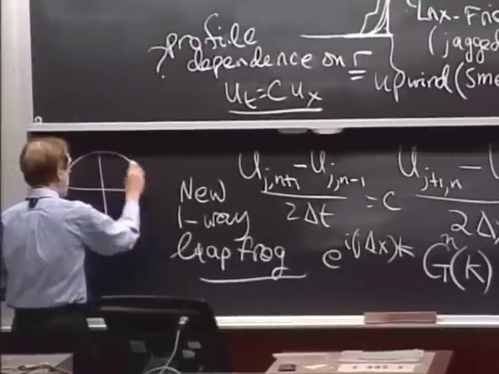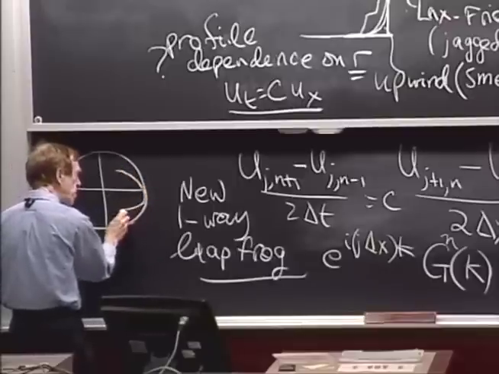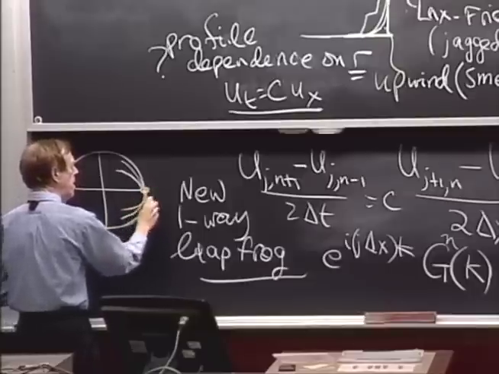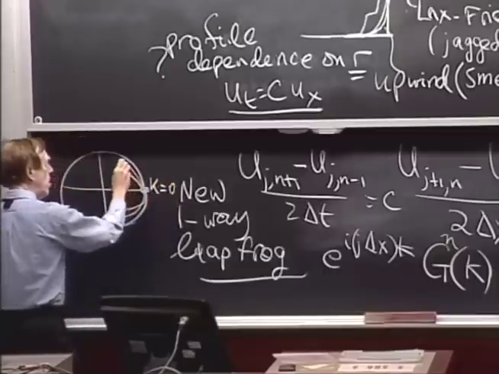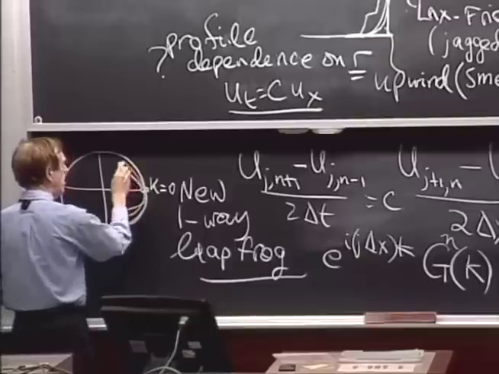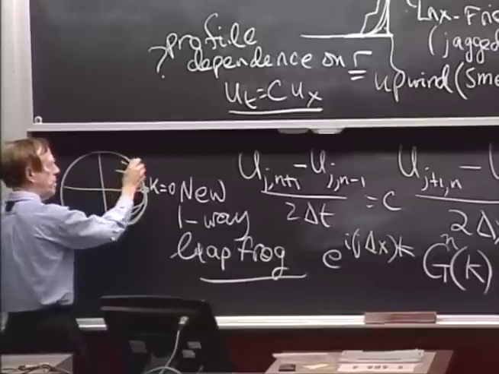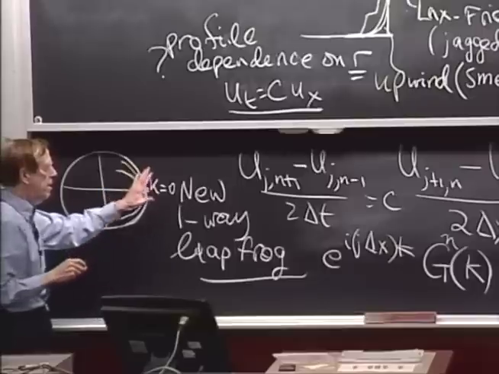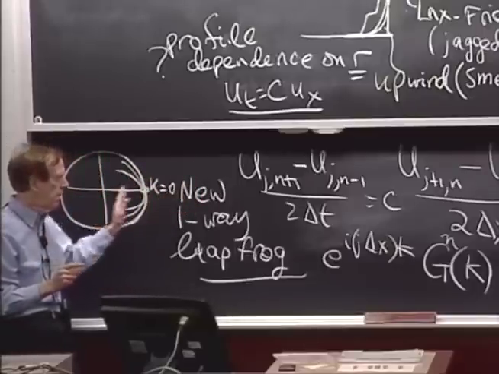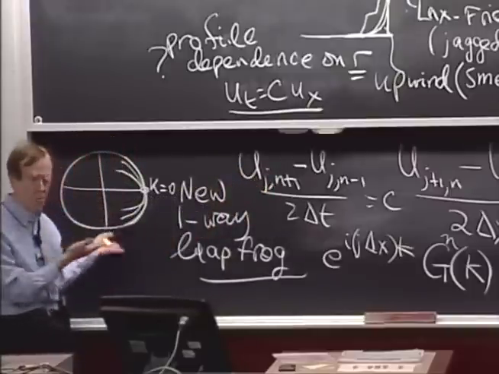We found upwind was well inside. Lax-Friedrichs was well inside. Lax-Wendroff, because it had higher accuracy for low frequencies, was closer, and I think this guy is right on. So this is the first order methods. This is Lax-Wendroff, and this would be the second order method. And so you're really playing with fire there, and maybe this is not a favorite just because it's too close to the edge. In fact, right on the edge.